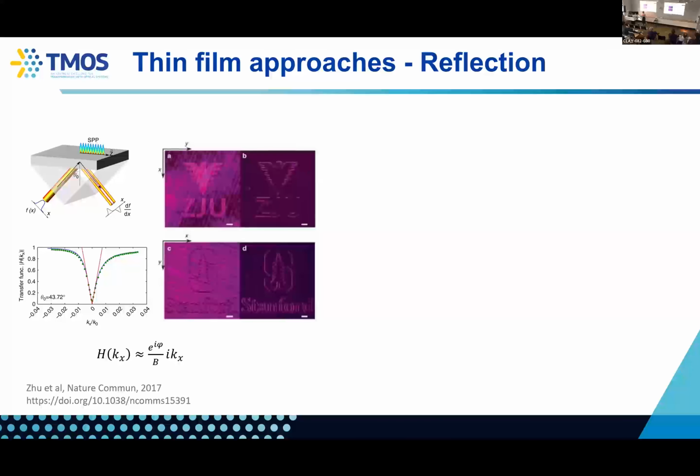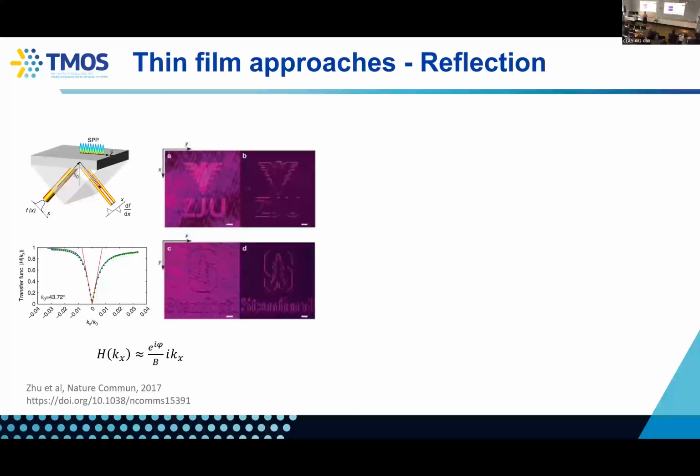This plot is showing the transfer function of the device, basically the reflection as a function of angle of incidence. In this particular case, the transfer function for small deviations from this central angle is directly proportional to one of the components of the spatial frequency.